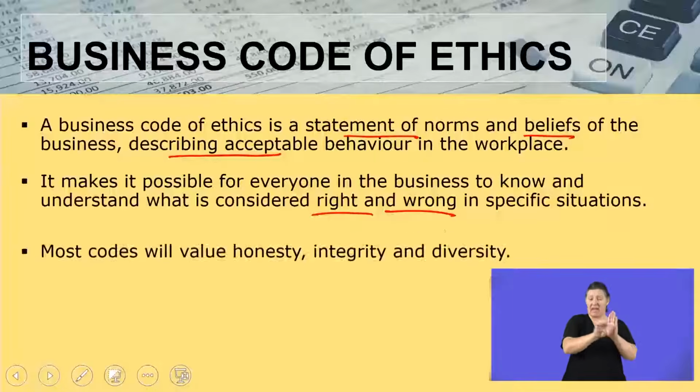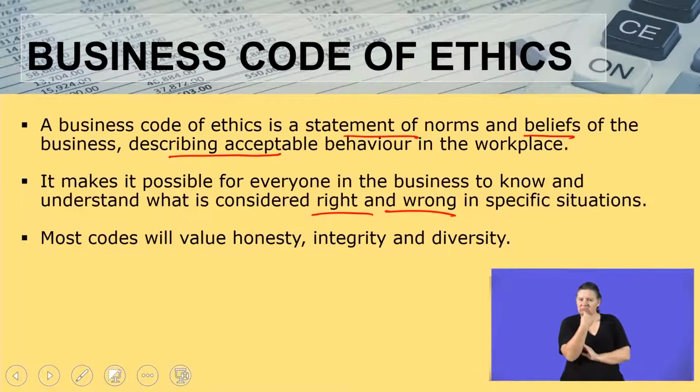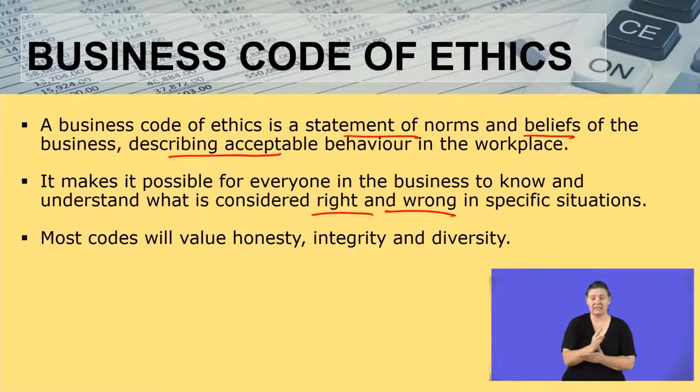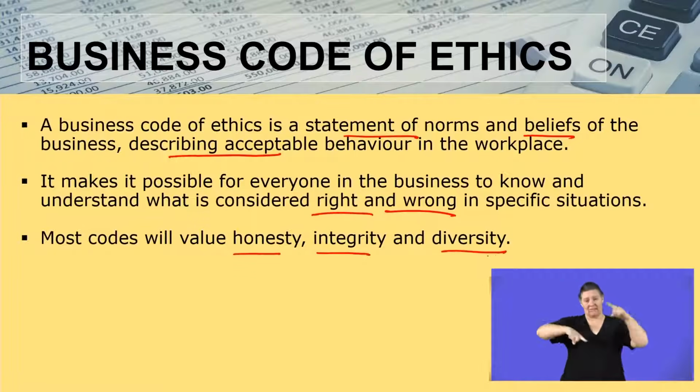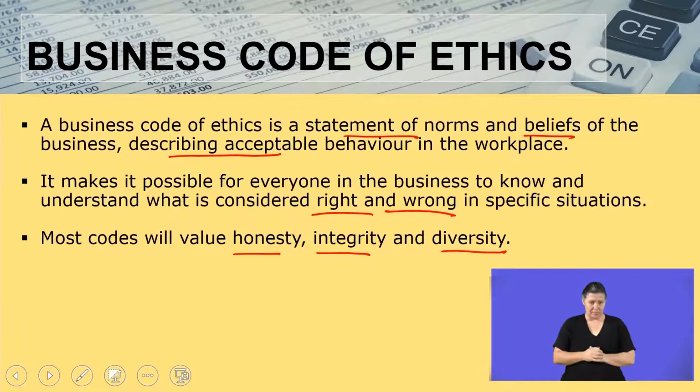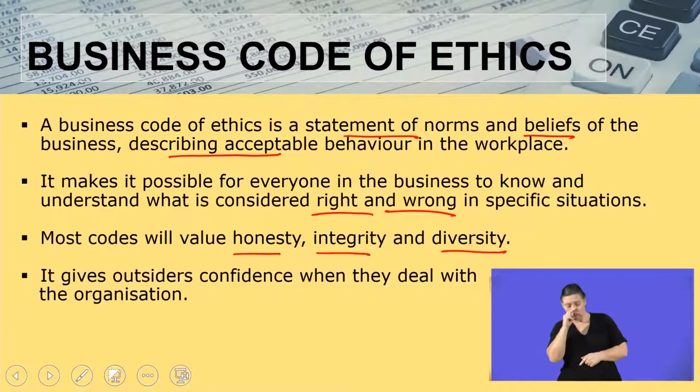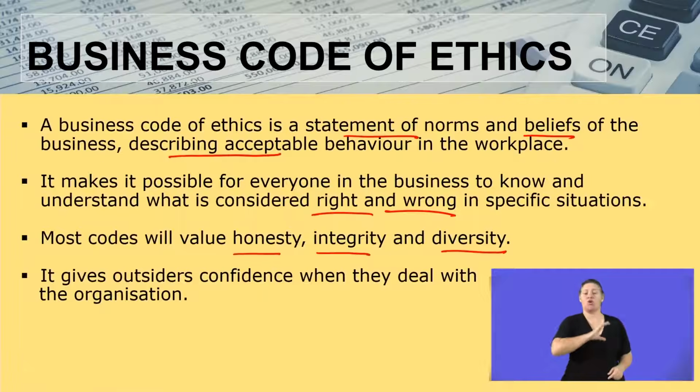When we look at the business code of ethics, you will understand that most codes will value honesty, integrity, as well as diversity. This is very important. Your honesty, integrity, and your diversity. Now, it gives outsiders confidence when they deal with the organization.